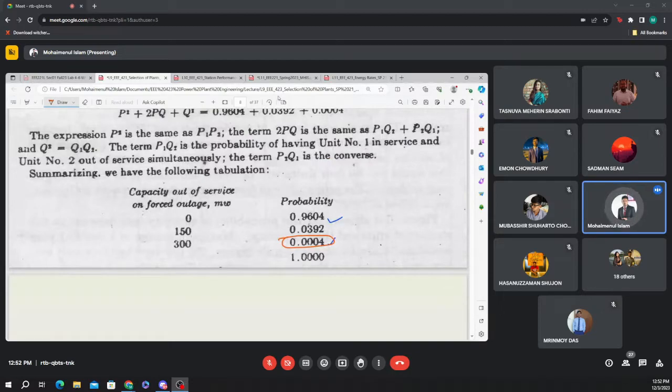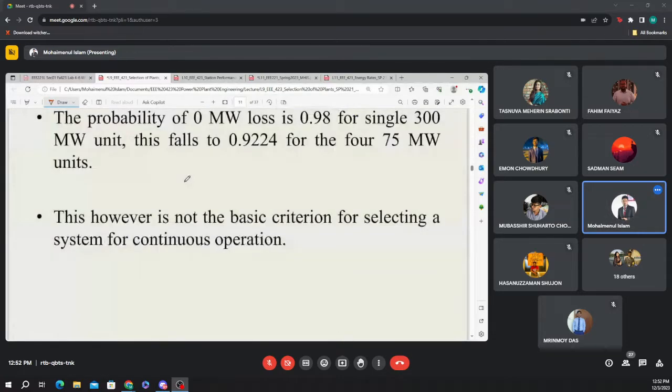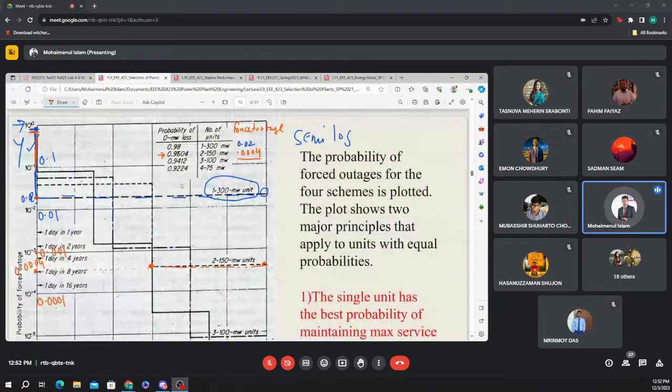The value is 0.03 for 150. This is 0.0392. So that value should be here. This is 0.02. So 0.03 should be here on top of that 0.02, 0.03 maybe. So this one is for the other 150.